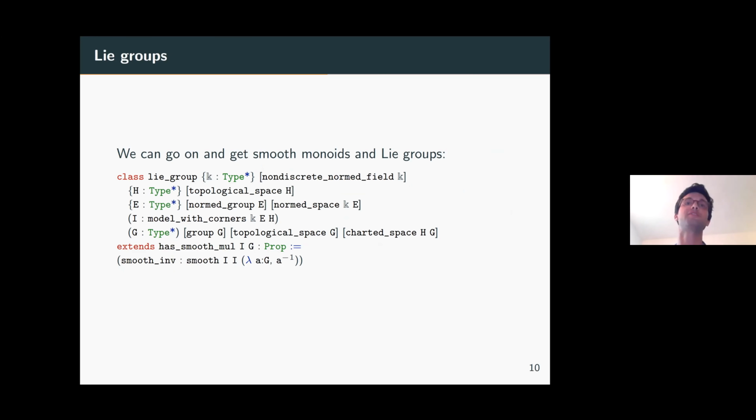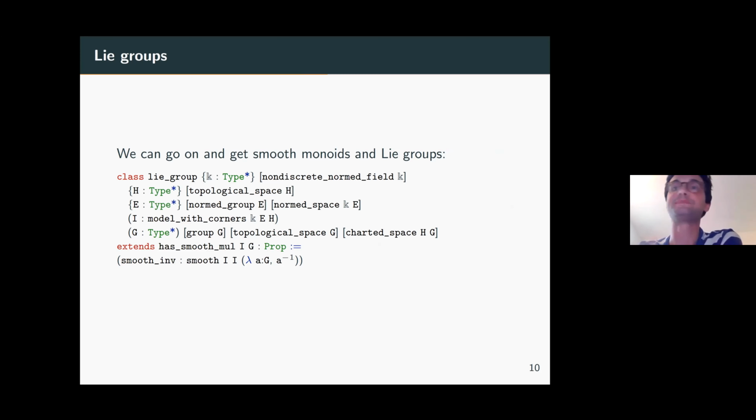So from smooth manifolds with corners, we can furthermore define smooth monoids and Lie groups. This is done in the standard way. We have also a group structure on our manifold, and we also require that the multiplication, as a map from the product manifold to the manifold, is a smooth map, and that the inversion map is a smooth map.